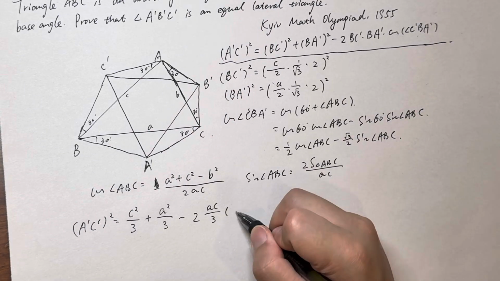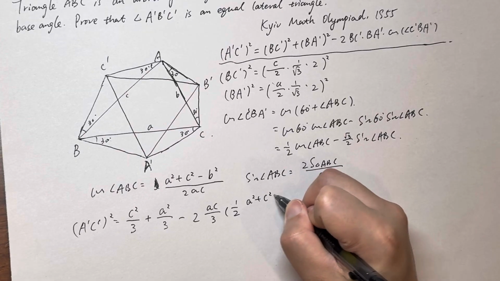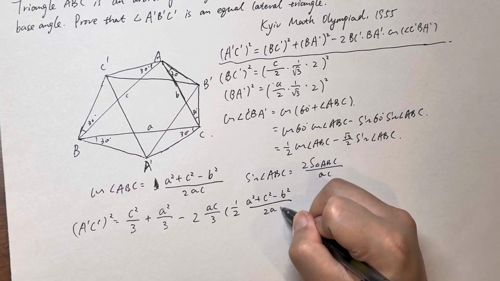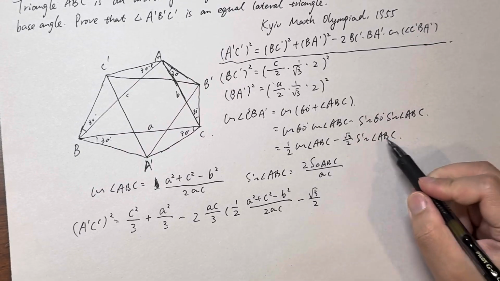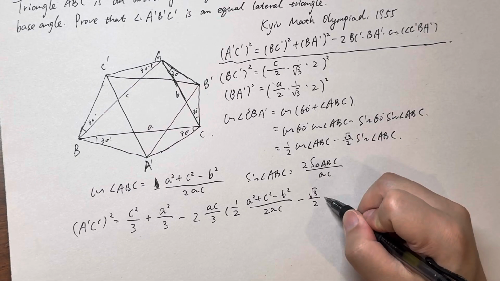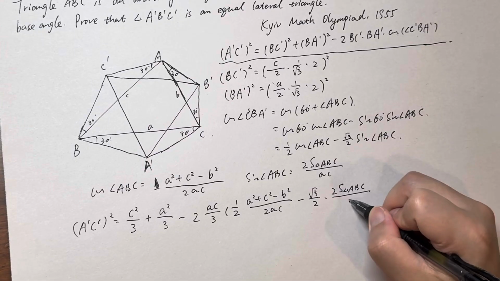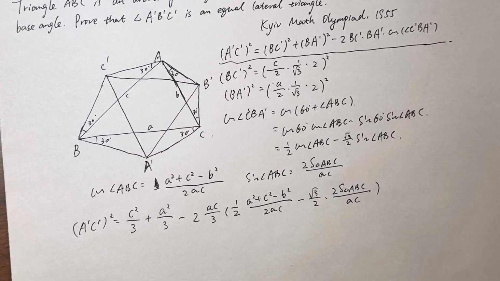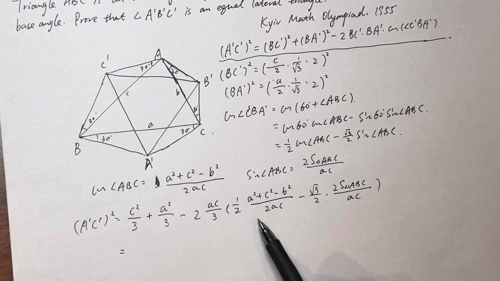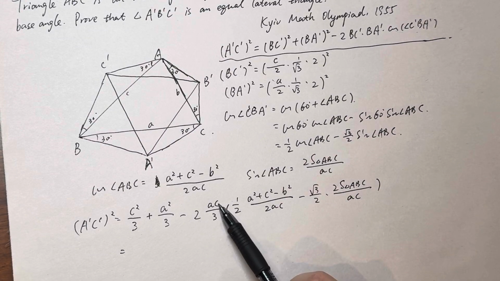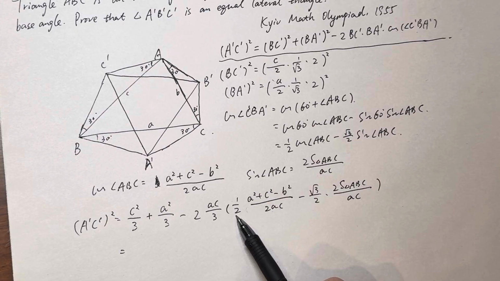So we can rewrite it as half of cosine angle ABC, which is a squared plus c squared minus b squared divided by 2ac, and minus square root 3 divided by 2 times sine angle ABC, which is twice the triangle ABC area divided by ac, right? This one equals, see, here 2ac and 2ac cancel each other, so we have 1/6 left, right?